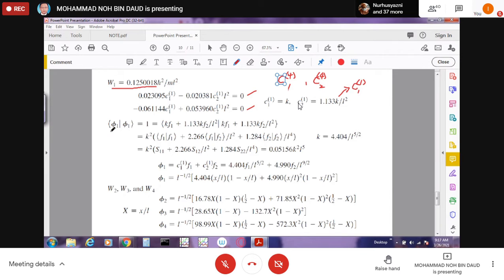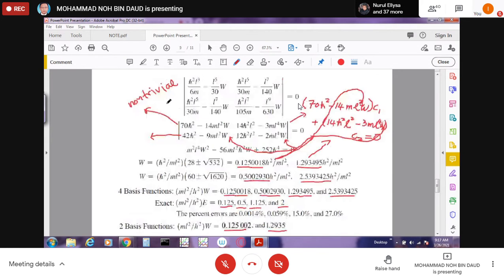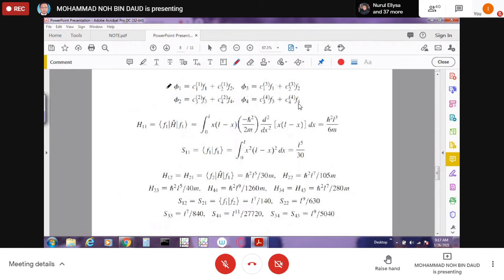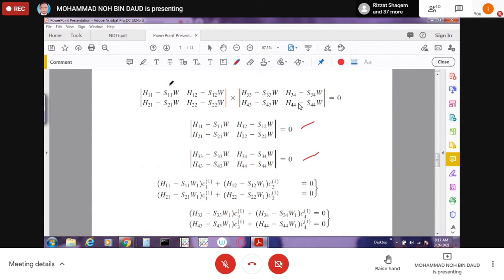Applying these normalization conditions, for one of these, you can choose either this one or this one. Sorry, we are referring to these two simultaneous equations.